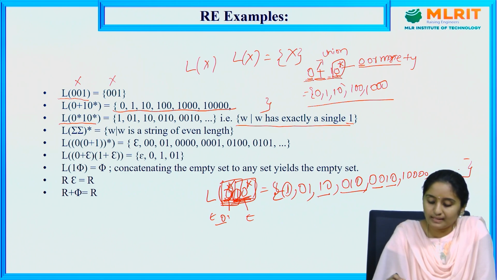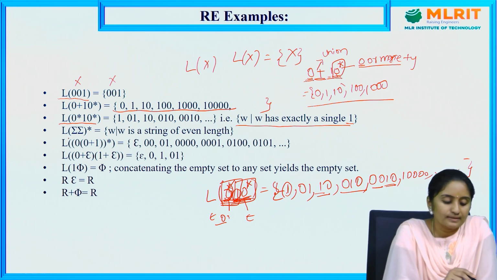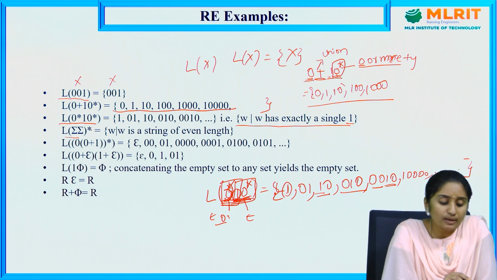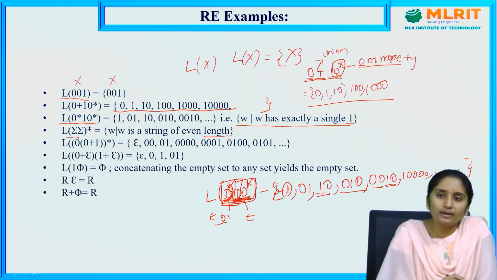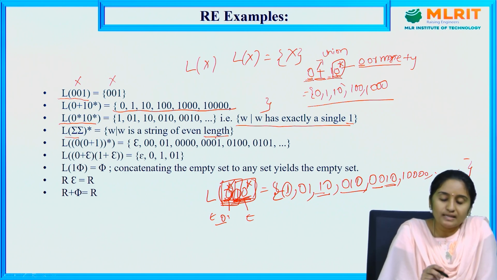Only one single 1 I am going to have, see here in the set. The next, L of sigma sigma whole star. Sigma sigma whole star is nothing but W, the string consisting of even length. Here I have two input symbols, and it is of even length.